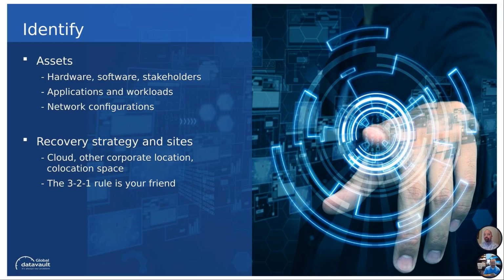And so if you think about earthquakes or fires or snowstorms or blizzards or hurricanes or anything like that, you want to just understand how those areas are affected and what you can do to protect yourselves, right? So the cloud is a good example of a disaster recovery strategy.